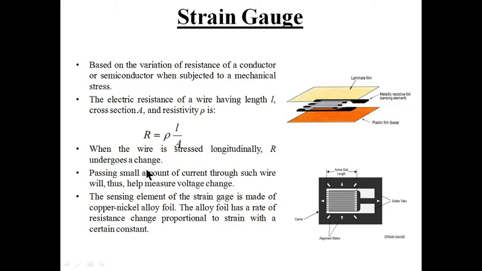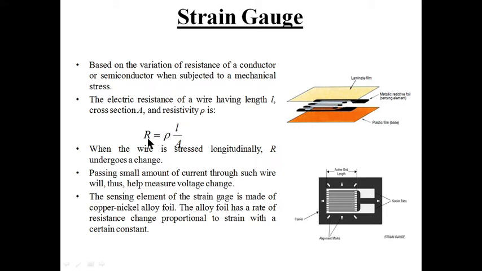This is the formula for the resistance of a conducting wire, R equals rho into L upon A, where L is the length, A is the area of the wire, and rho is the resistivity.